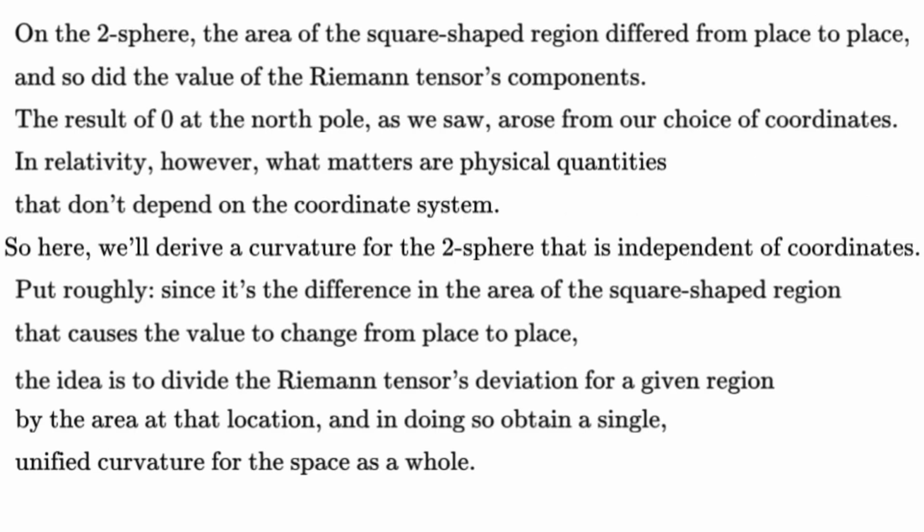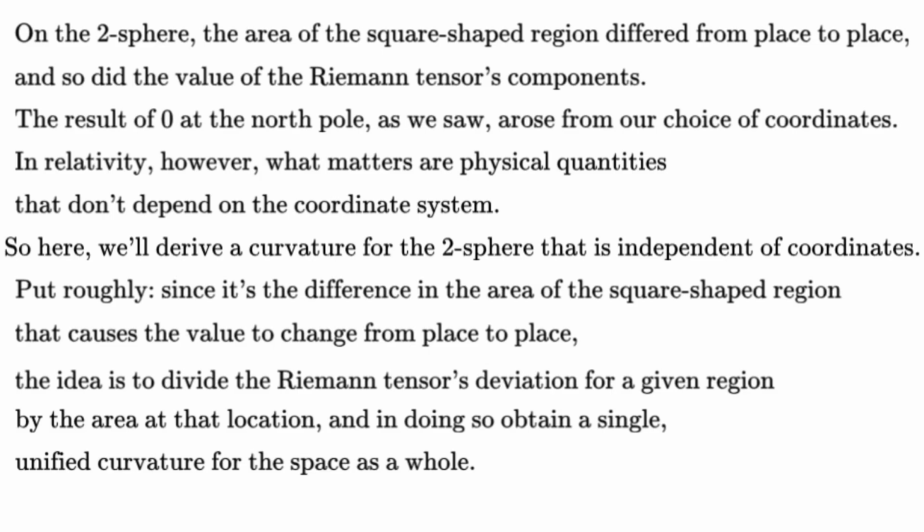On the two-sphere, the area of the square-shaped region differed from place to place, and so did the value of the Riemann tensor's components. The result of 0 at the North Pole, as we saw, arose from our choice of coordinates. In relativity, however, what matters are physical quantities that don't depend on the coordinate system.